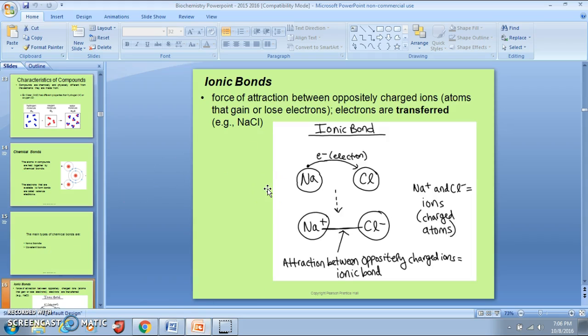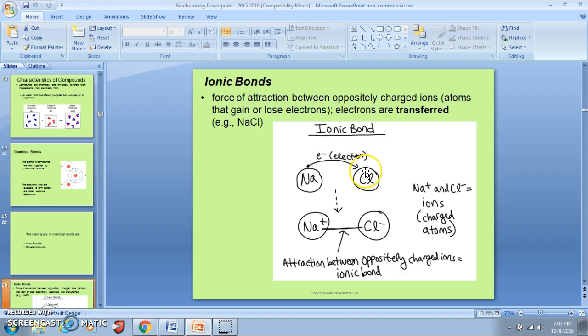An ionic bond is when we have electrons being transferred between two atoms. Let's take a look at the picture here, and you may want to draw this picture in your notes. So in this picture, we're seeing sodium donating an electron to chlorine.